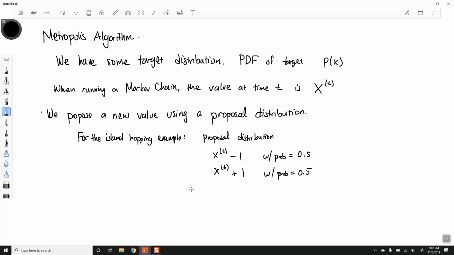Here, we call our proposal distribution g of x given x at time t.